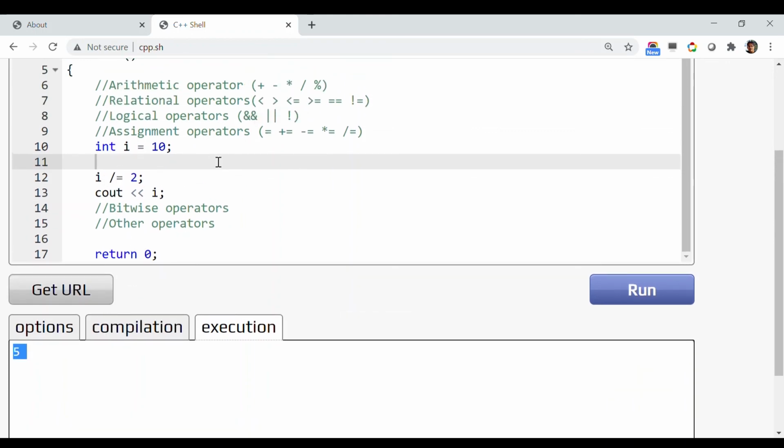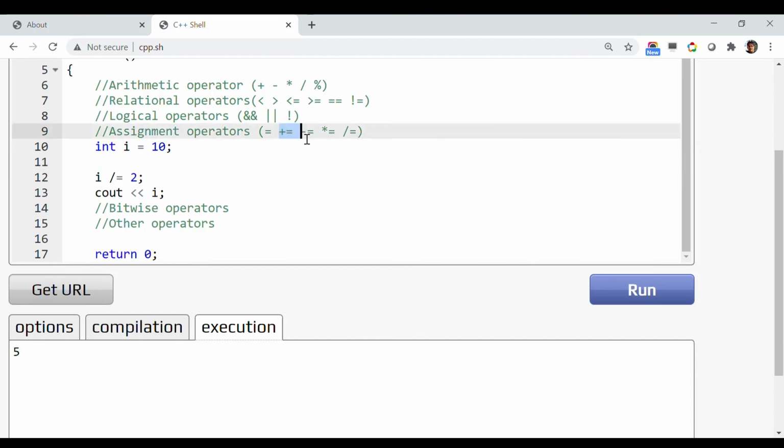So this is the meaning of plus equals, minus equals, multiplication equals, and division equals. They just do the arithmetic operation first and then assign the value to the same variable once again.